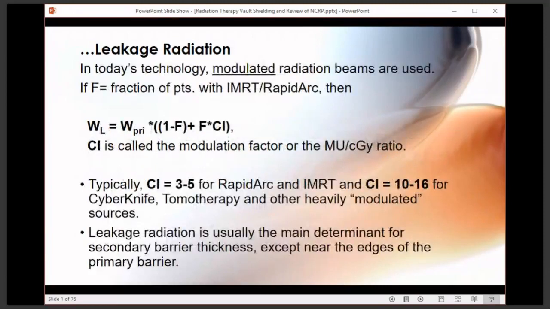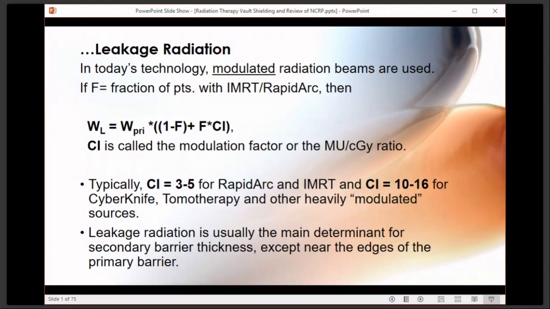On the other hand, today's technology has very much gone to modulated radiation beams, and the modulation increases the number of monitor units to give the desired dose to the target volume.